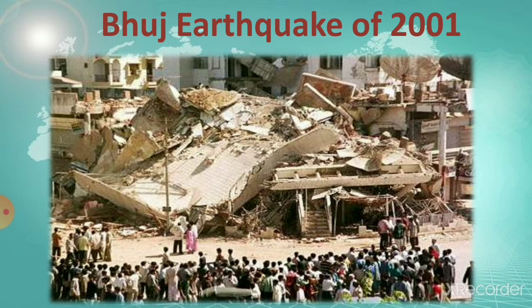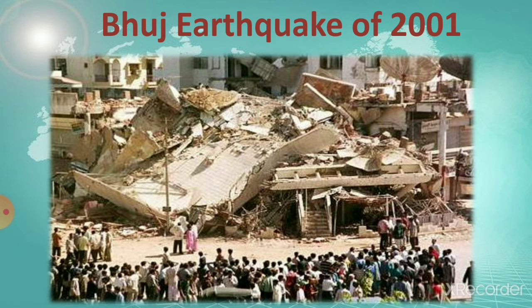Due to the earthquake, high-rise buildings collapsed. Communication and power lines were completely disrupted, the transport system was thrown out of gear, and the settlements became heaps of ruins. Everything was destroyed. You can see even in the figure, right? Buildings have collapsed. There was a lot of destruction all over.